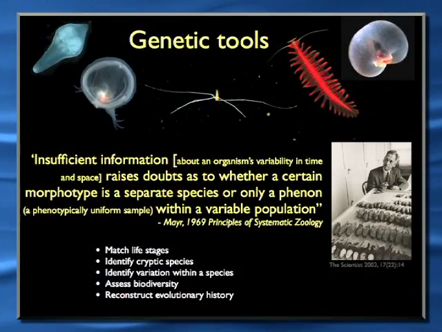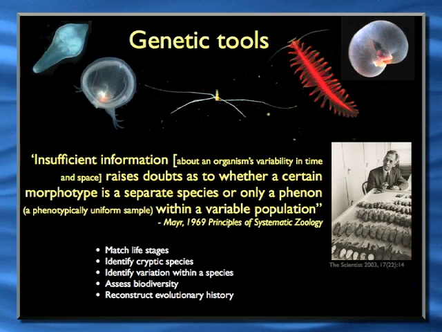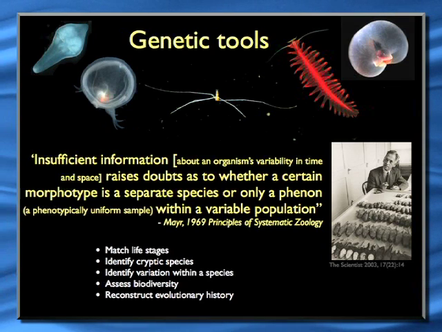So genetic tools help us with a major problem that we've had in deep sea biology and pelagic biology for a long time. Ernst Mayr, a very famous biologist, once pointed out that being able to describe the variability within a species is a major problem for trying to look at biogeography or trying to look at ecology, trying to look at different aspects of taxonomy.